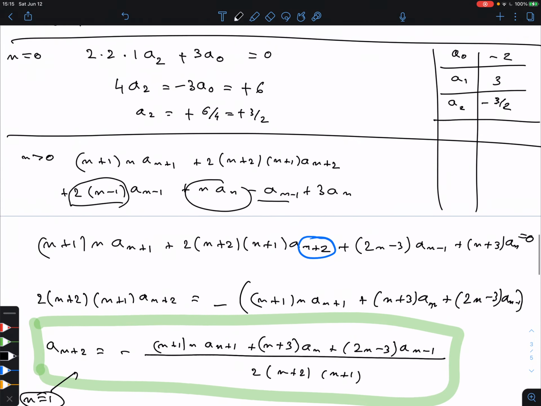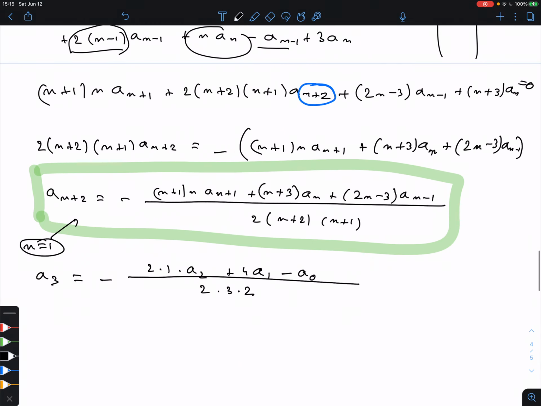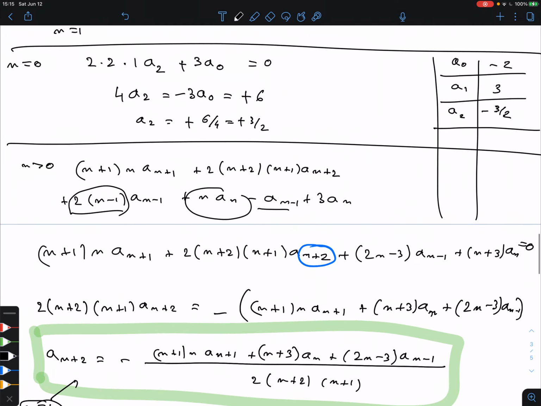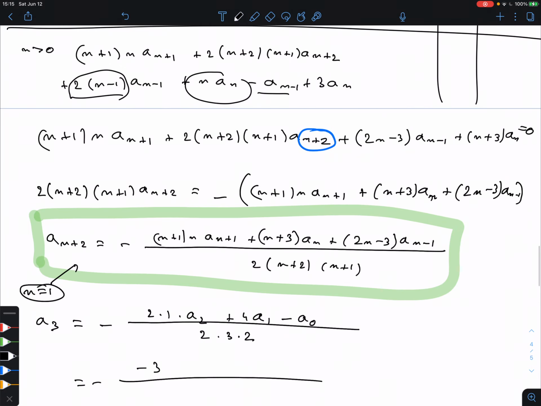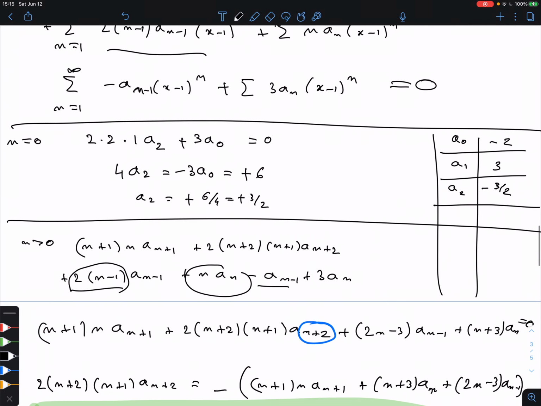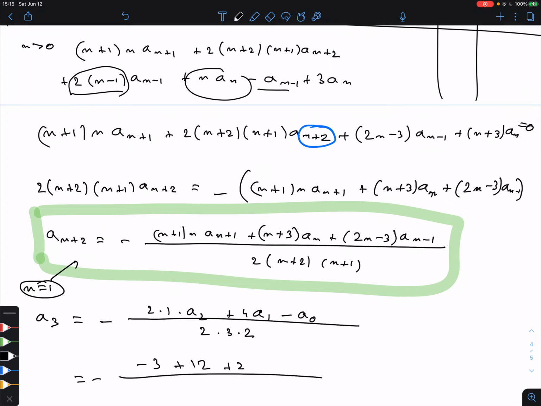Okay, so A2 was minus 3 halves, so this would be minus 2 times minus 3 halves, that is minus 3. A1 was 3, so that is 4 times 3, that's 12. And A0 was minus 2, so that is plus 2. And that is divided by 12. So we get minus 11 twelfths.